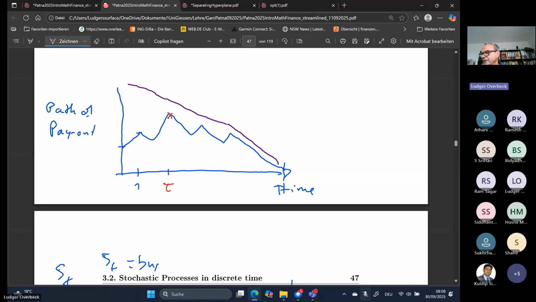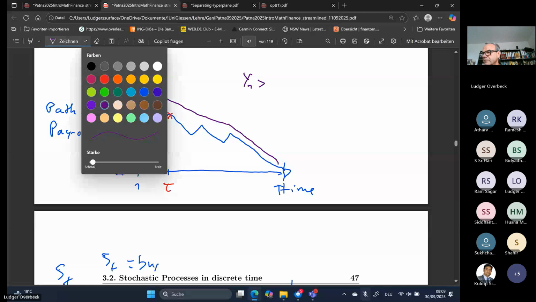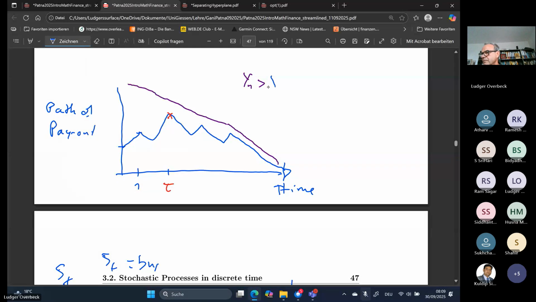So this function, the blue function, we call it yn, which is larger than the blue function, your xn, and which is decreasing.